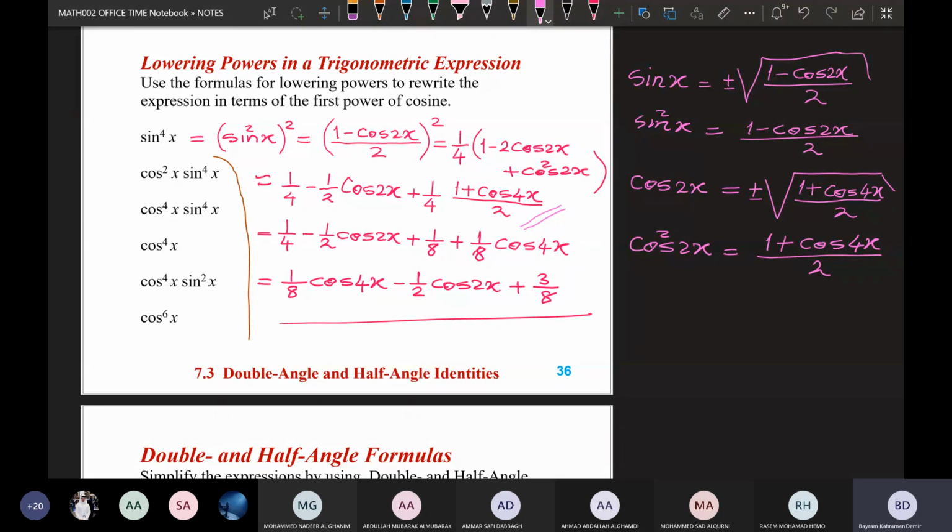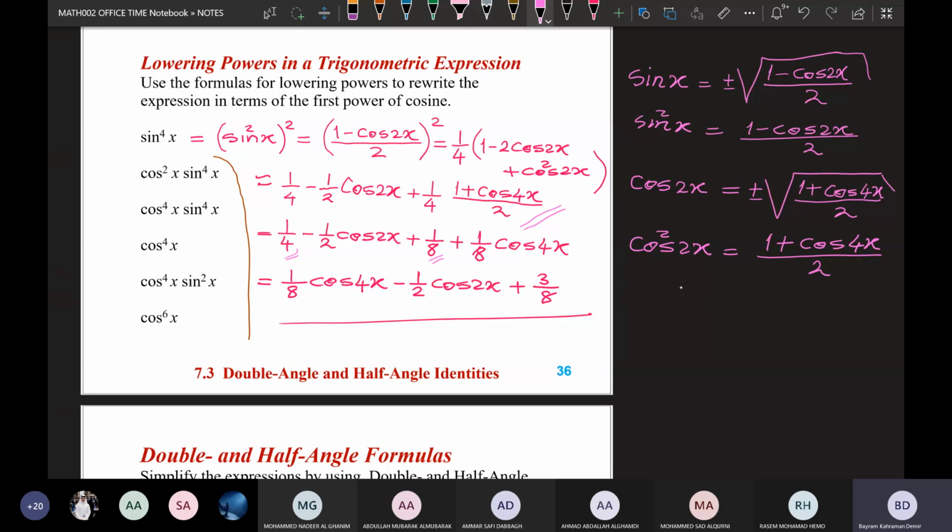And at the end, we have 1 over 8 times cosine of 4x minus 1 over 2 times cosine of 2x plus 3 over 8. 1 over 4 is here, and plus 1 over 8 is 3 over 8, right? And now this gives you the idea of how to reduce the power, how to lower the power of an expression.